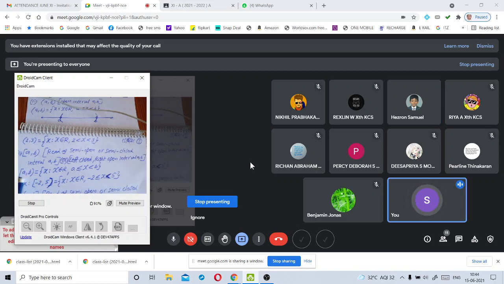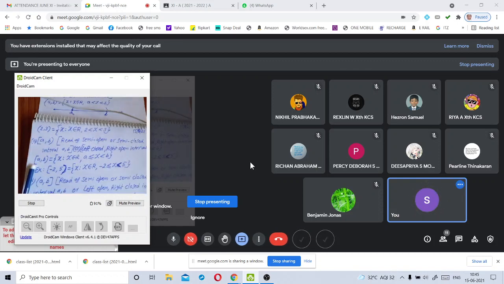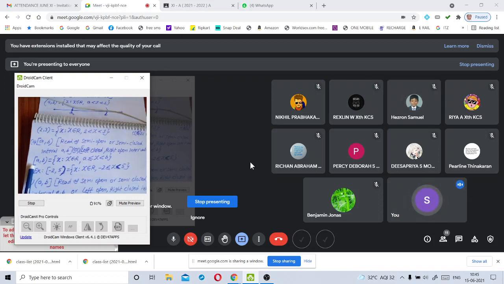Just observe these brackets, my dear children. What is this bracket called? Yes, this is a square bracket or closed bracket, and this small bracket is called an open bracket. So if you observe this interval, a closed bracket is used on the left side and an open bracket on the right side.